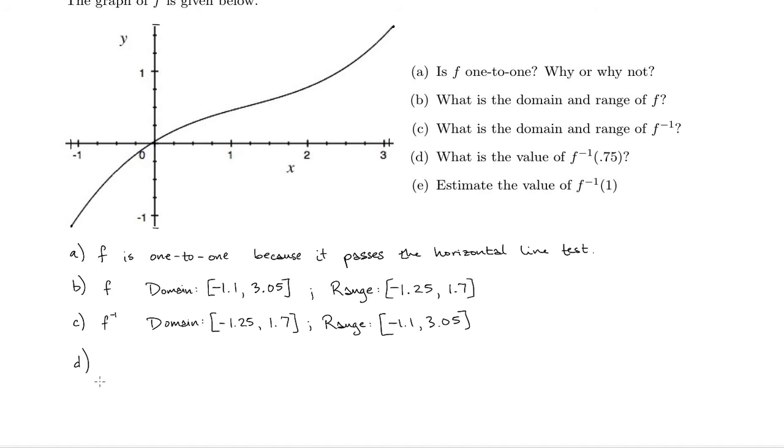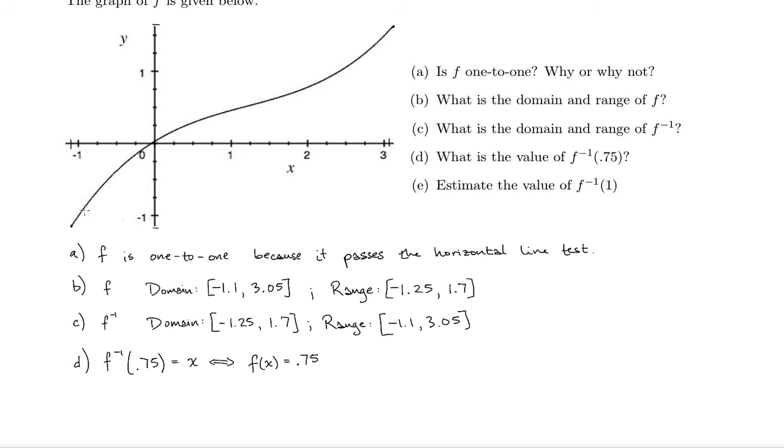Okay, for part D, now we've got to evaluate f inverse of 0.75. So this equals some number, I'll call it x. And for inverse functions, that's the same thing as saying that f of x equals 0.75.